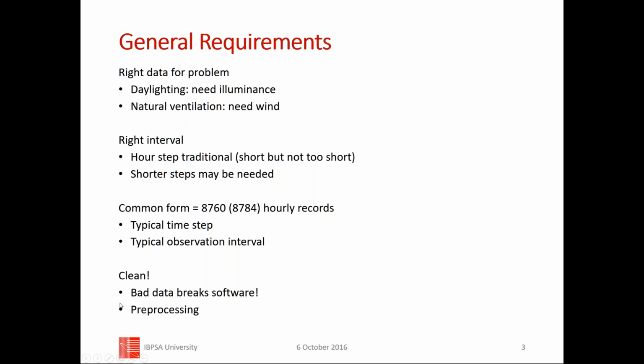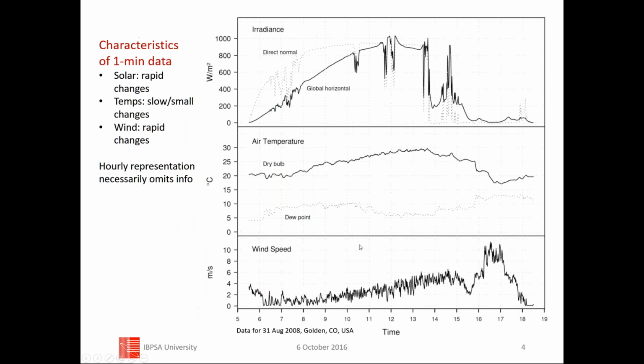Depending on how the application software is coded, that can actually break the software and cause it to crash. Whereas with weather data observed for other purposes, where human beings look at it, they say, oh, that's stupid, I'll ignore it. So it's very important to have good clean data, and this usually involves pre-processing, with software that checks and fixes weather data and prepares it for use by simulation programs.